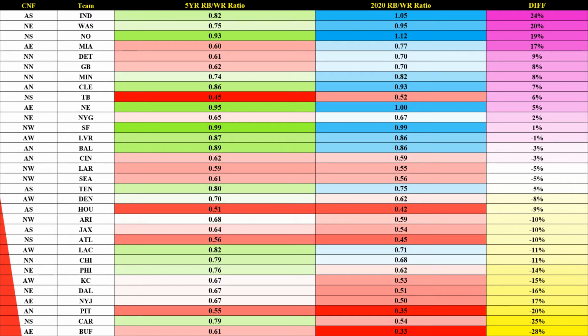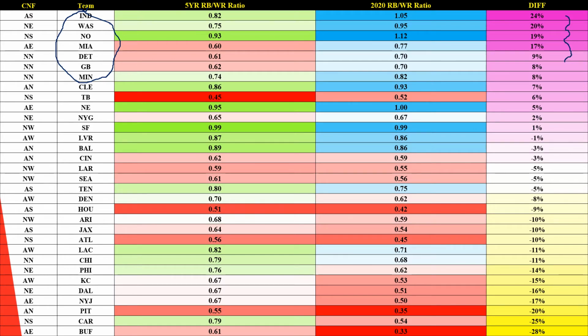I actually went over this figure last time, and long story short, the teams up here are using their running backs more than the wide receivers. They had a nice positive increase in purple here.